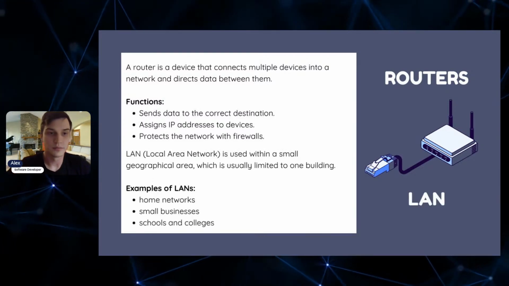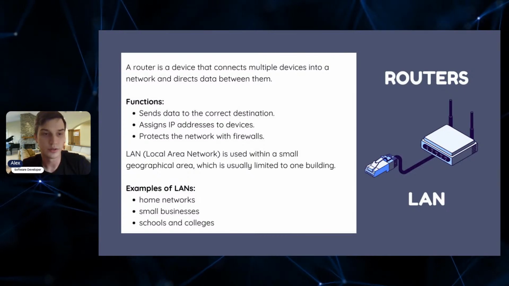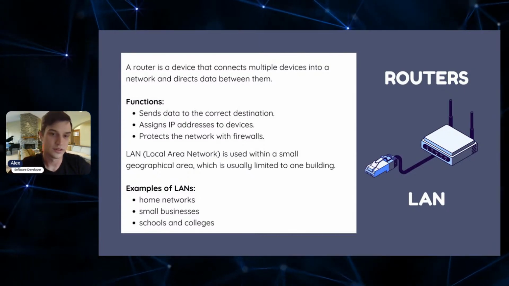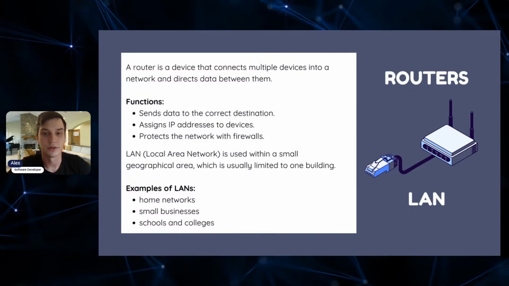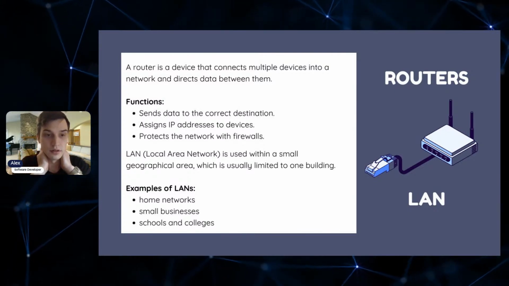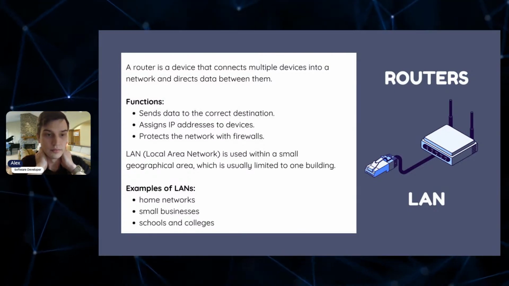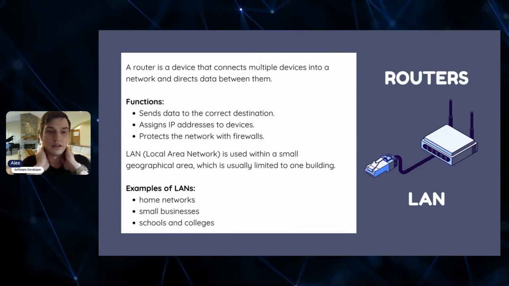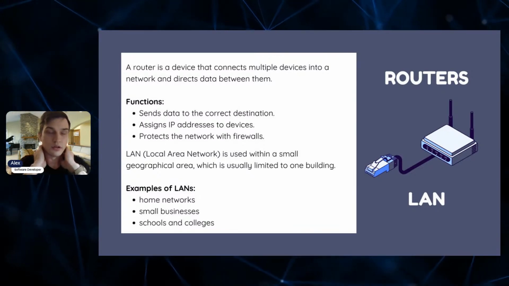So the network where computers are connected to one router is called a LAN, local area network. A local area network is a network, for example, in your home, or a small business network, or in a school, or in a college. So somewhere where there are not a lot of devices.